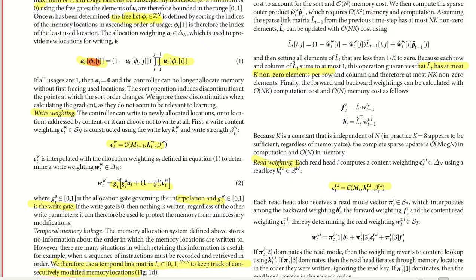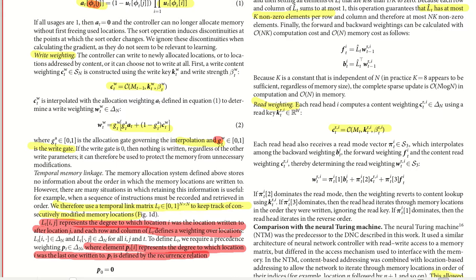A is going to be the allocation based on the memory usage, and C is going to be the one based on content. We're going to have a gate that decides how to weight this, a distribution between these two methods, an interpolation. The gate g_w is the write gate, deciding whether or not to write to a specific location.